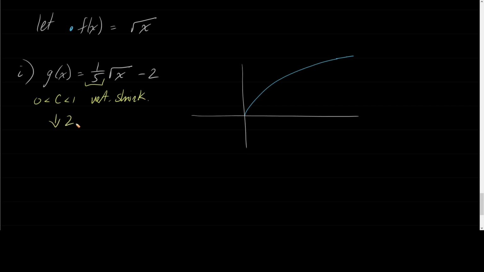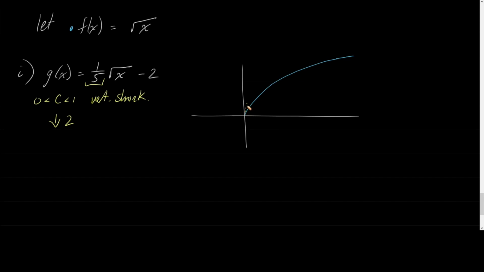So the vertical shrink essentially makes it do something like this, right? And then we got to shift it down, so it's going to look something like this. Maybe I'll make it clearer by leaving the middle step.